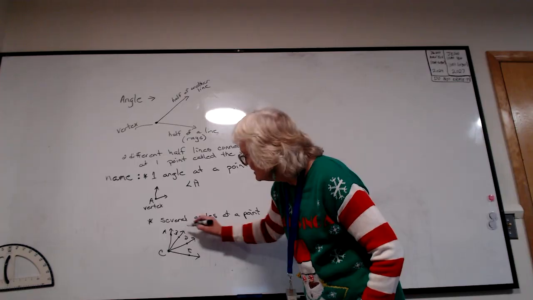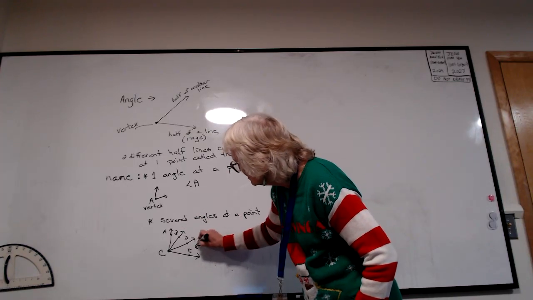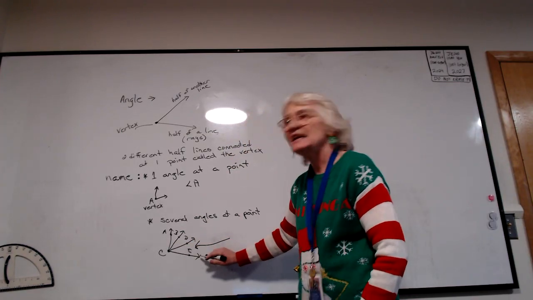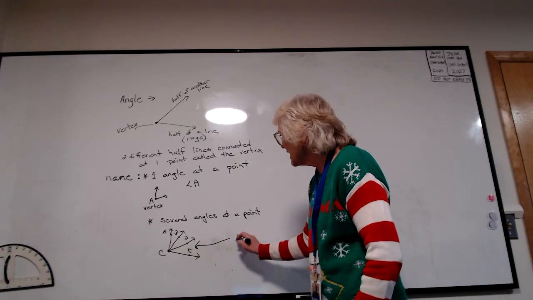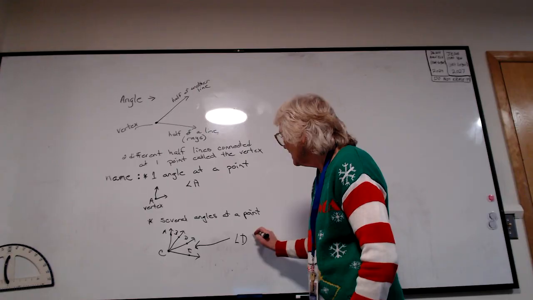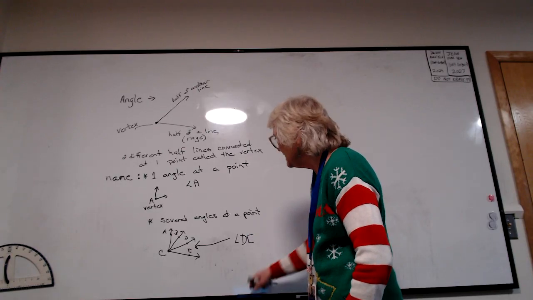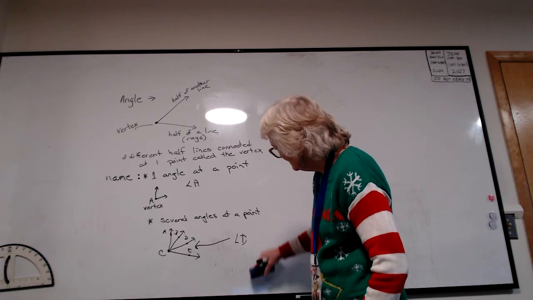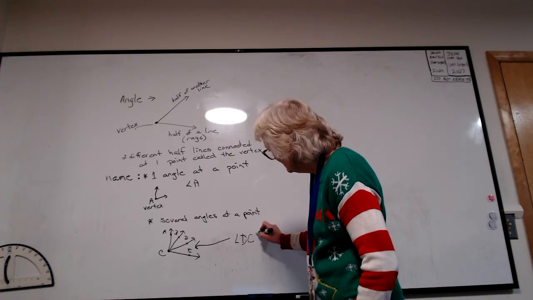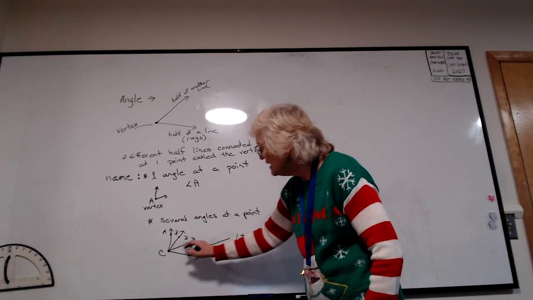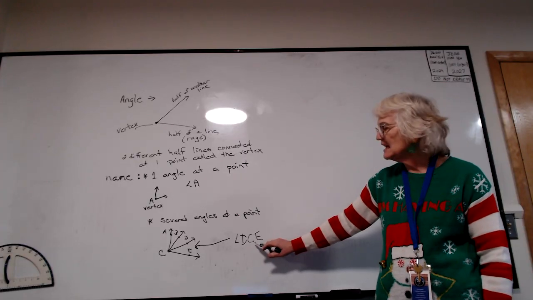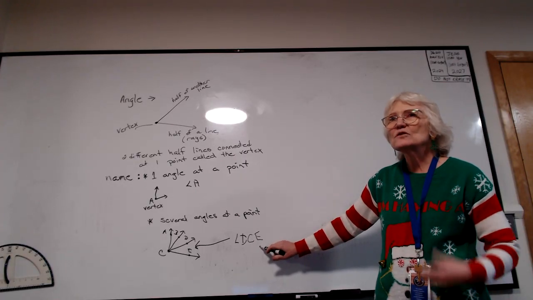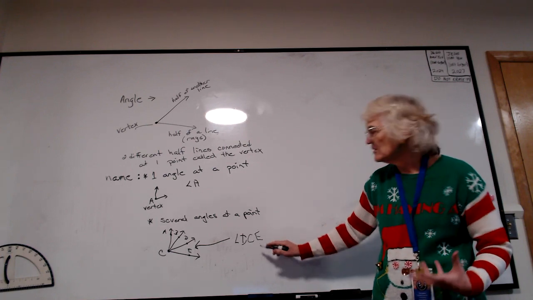If I'm trying to identify this angle right here, between D and E, you would write it as angle DCE. So this starts at D, it goes to the vertex C, and then it goes to E. So it explains how you made the angle.